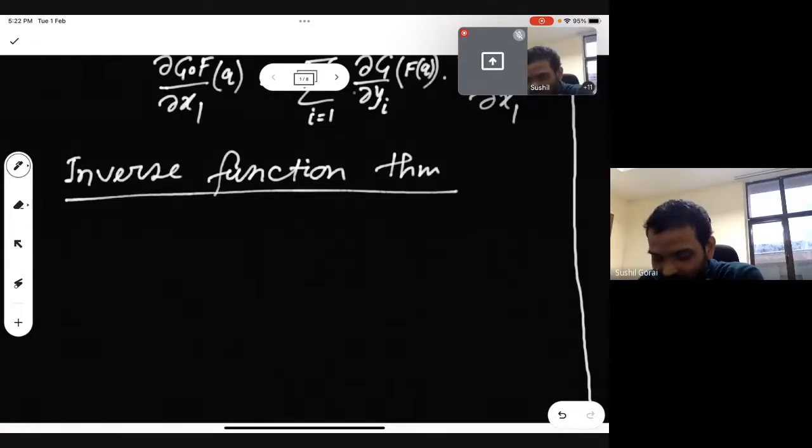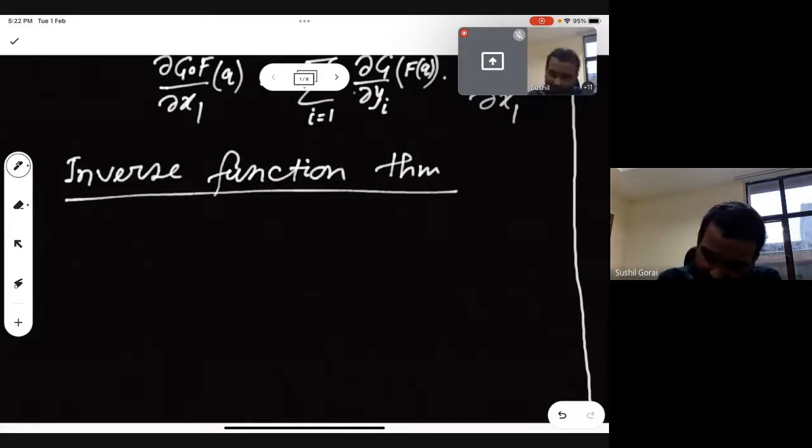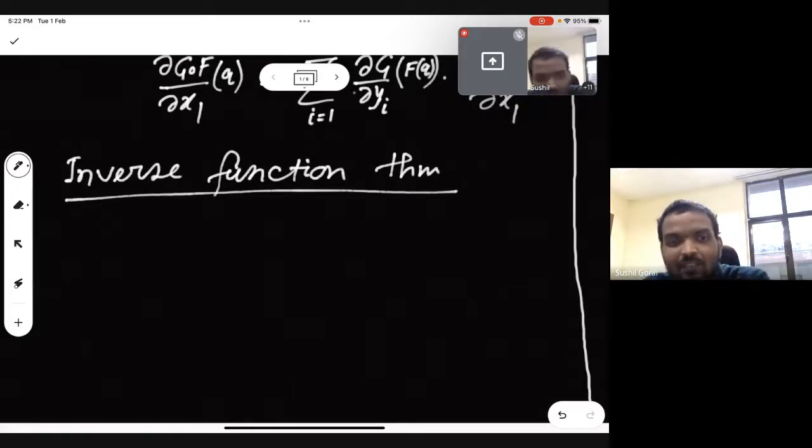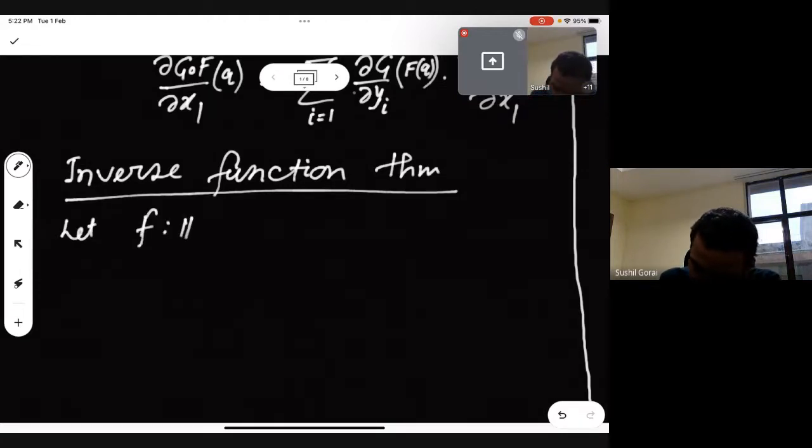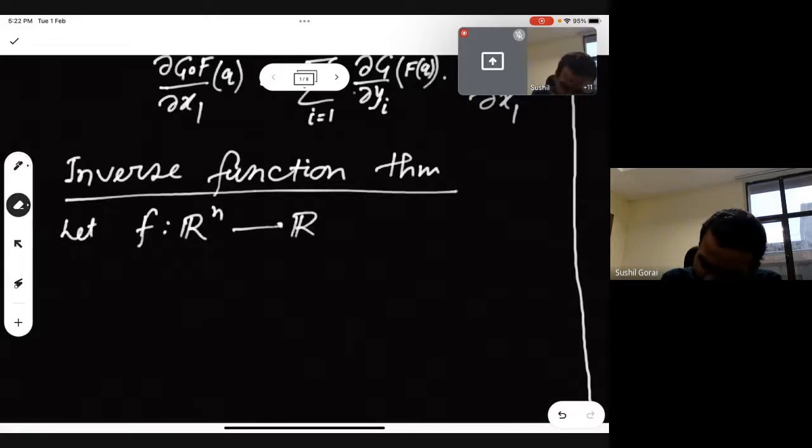All right. Let me state it in a simple sentence which is easy to remember. Let f be from Rn to Rn. Well, it need not be from Rn to Rn.